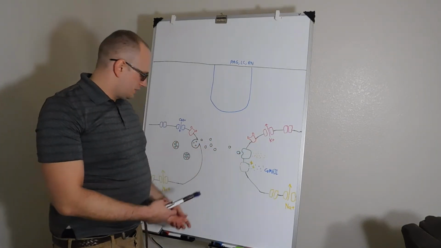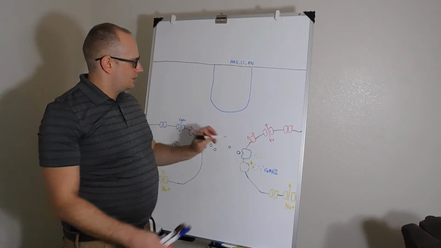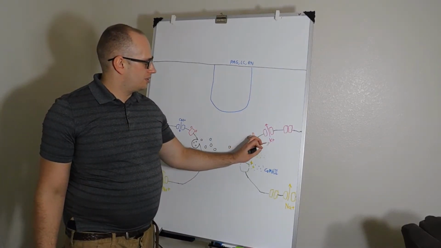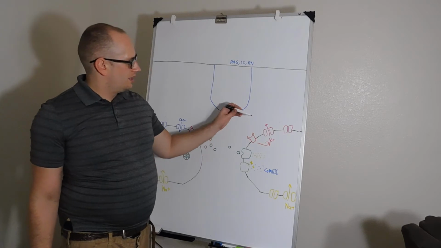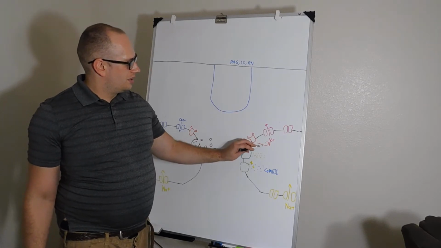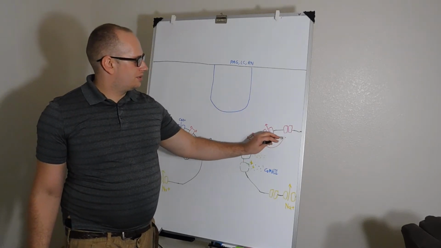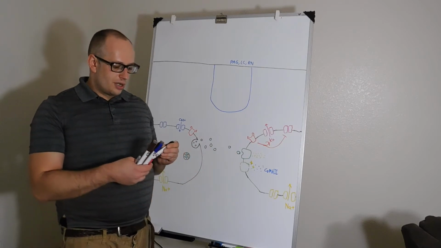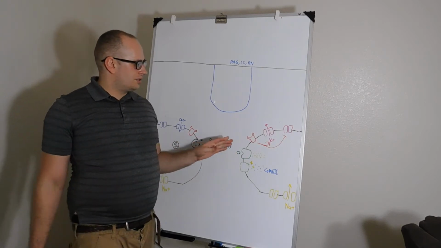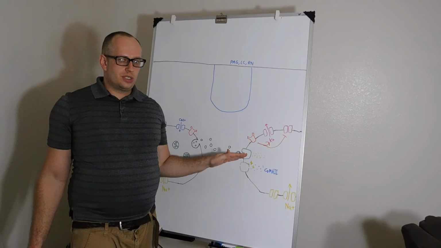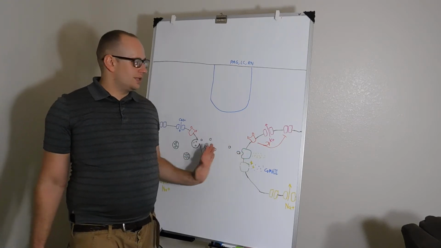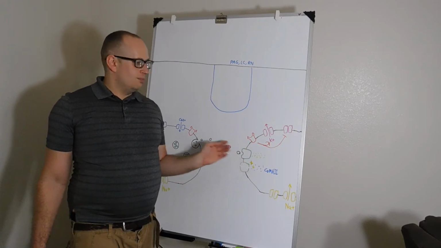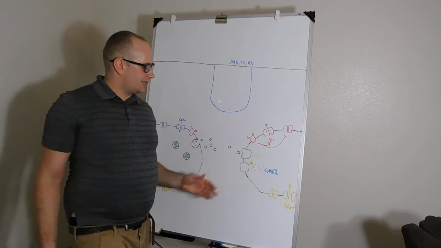So what it does is it allows this to happen here, and I guess implicitly then it's inhibiting that activity there. So when it does that, it causes hyperpolarization of this neuron, makes it less likely for this one to be activated because you need more sodium to come in and stuff like that.